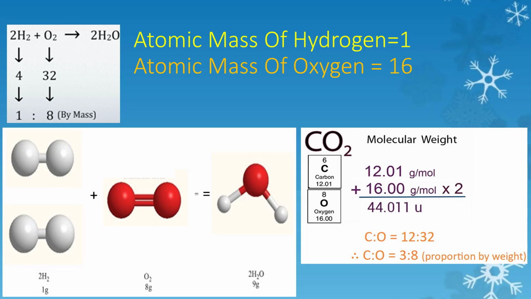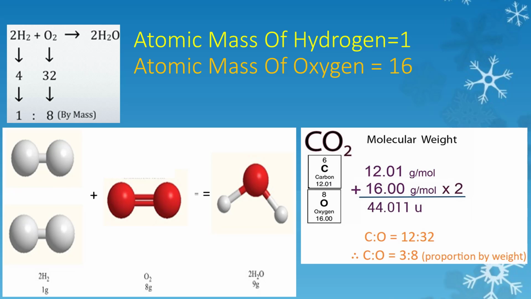Next, oxygen, the molecular mass is 2 into 16, so it is 32. Now when we find the ratio 4 upon 32, we get 1:8. This means that 9 grams of water is formed by chemical combination of 1 gram hydrogen and 8 grams of oxygen.